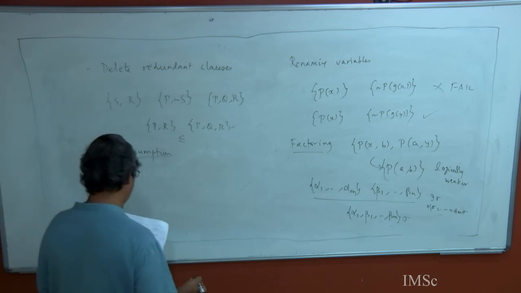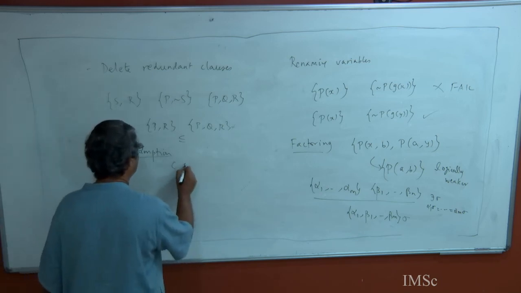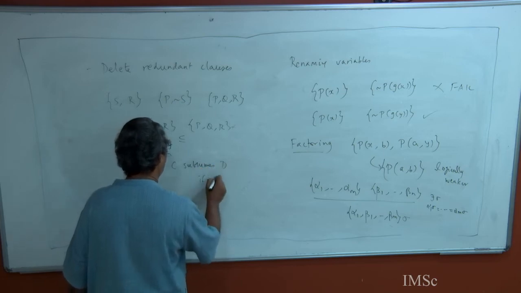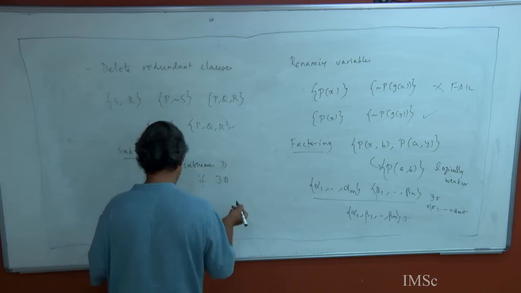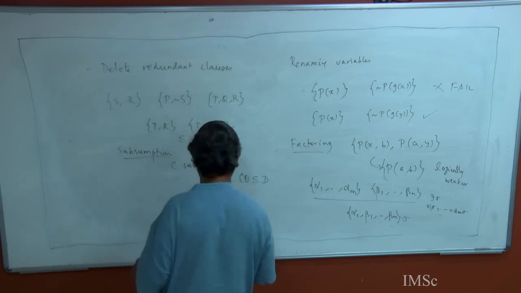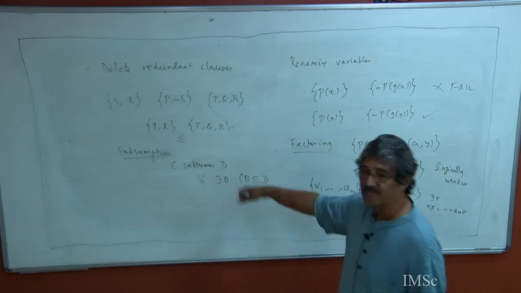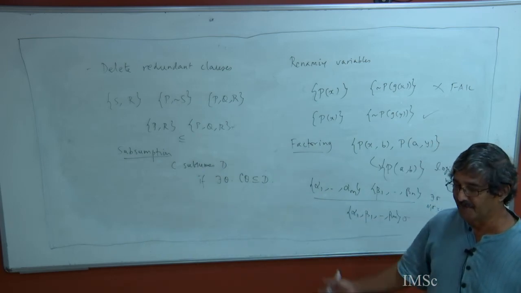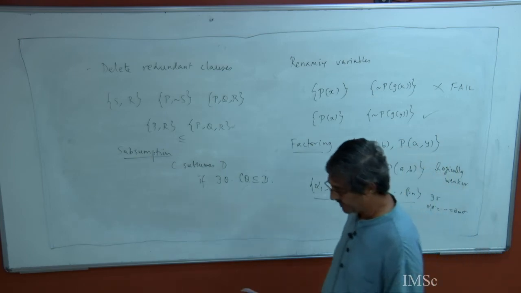And that's another. So in general, you say that C subsumes D if there exists theta such that C theta is contained in D. I've only done it for propositional, but with substitutions you can do that.